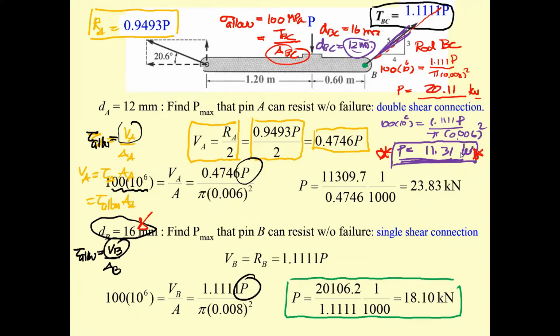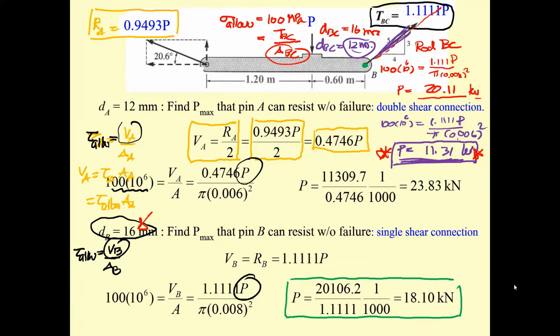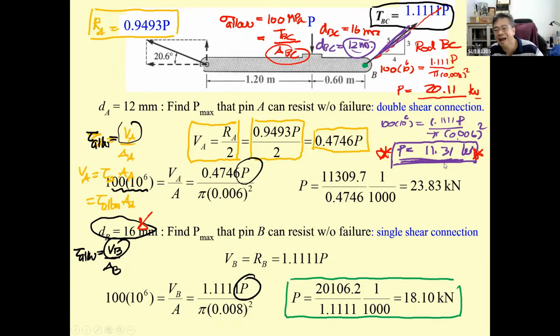Yes, Ajahn. Okay, everybody. Lisa, are you here? Lisa Hin? Yes, Ajahn, I'm here. You understand why the answer is 11.31, right? Why Ajahn didn't say the answer is 23.83? Why?